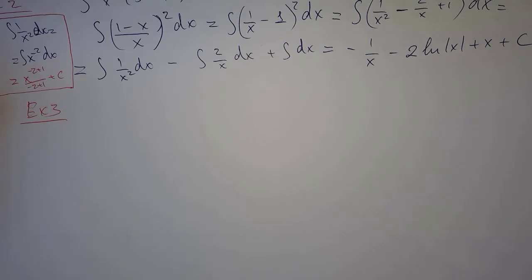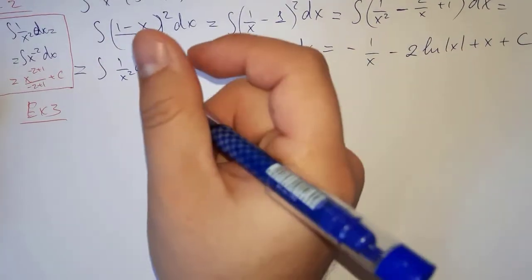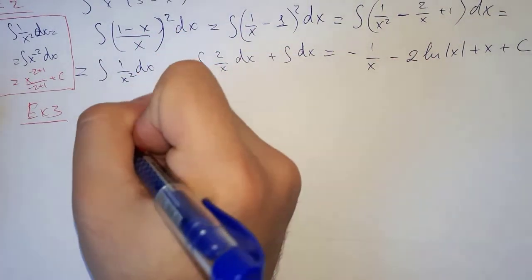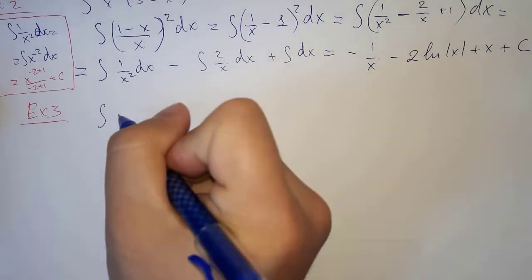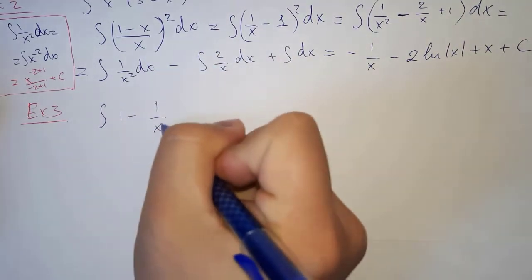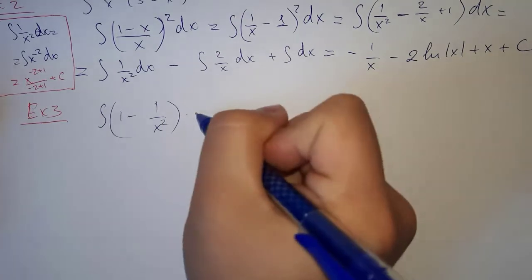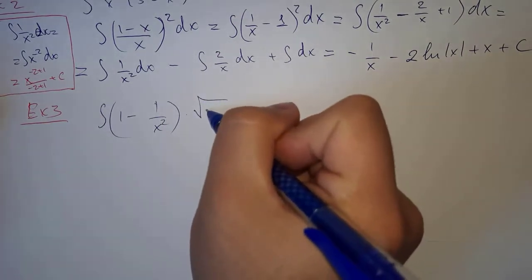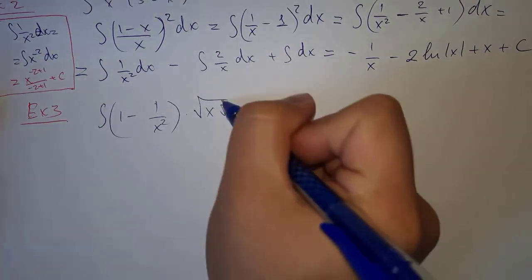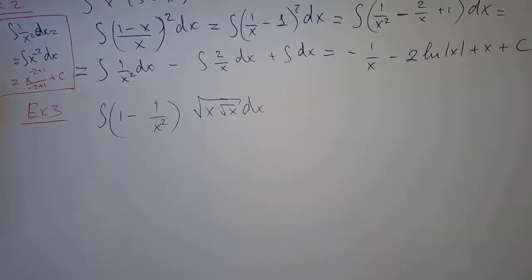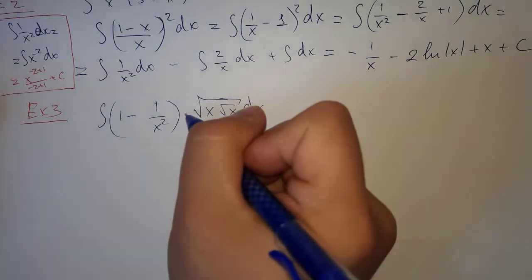Okay, now let's continue our example. So the next one is the integral of (1 minus 1 over x squared) times the square root of x dx. So what should we do here?